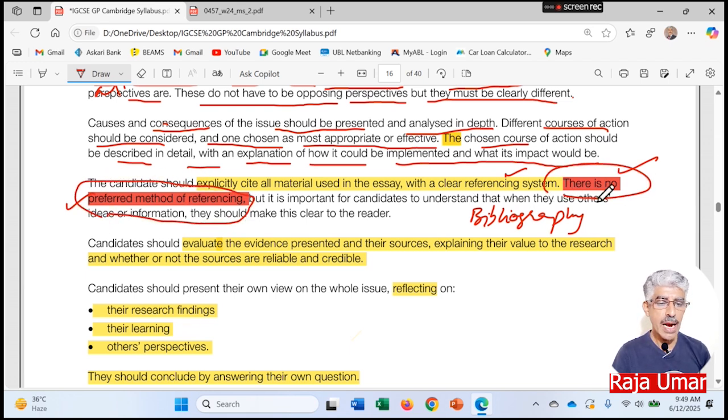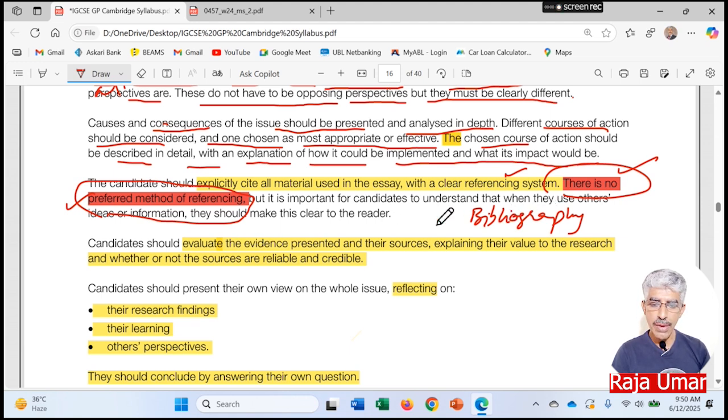So it means that you can use any referencing method, whether it is APA, MLA, Harvard or any other referencing style. All are acceptable. There are no hard and fast rules, and a really very professional sort of bibliography is not required. The most important factor is the conducted research, not the referencing style. So whatever style you are using, that is okay for Cambridge.